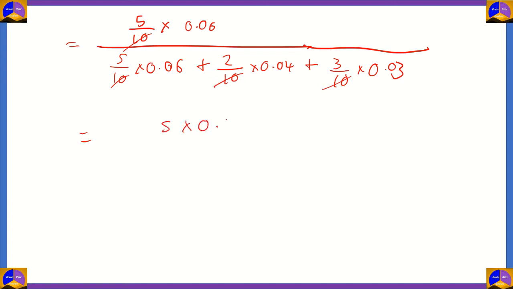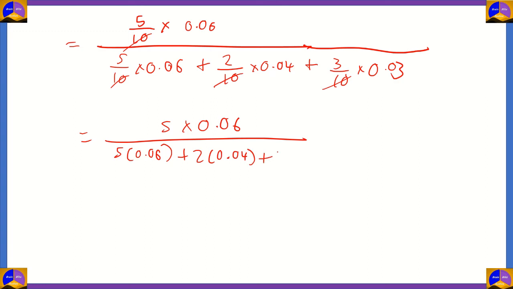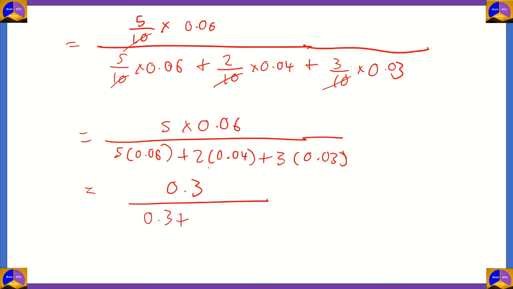So we get 5 into 0.06 divided by 5 into 0.06 plus 2 into 0.04 plus 3 into 0.03. 5 into 0.06 is 0.3, divided by the denominator, which is 0.3 plus 2 into 0.04 is 0.08 plus 3 into 0.03 is 0.09.